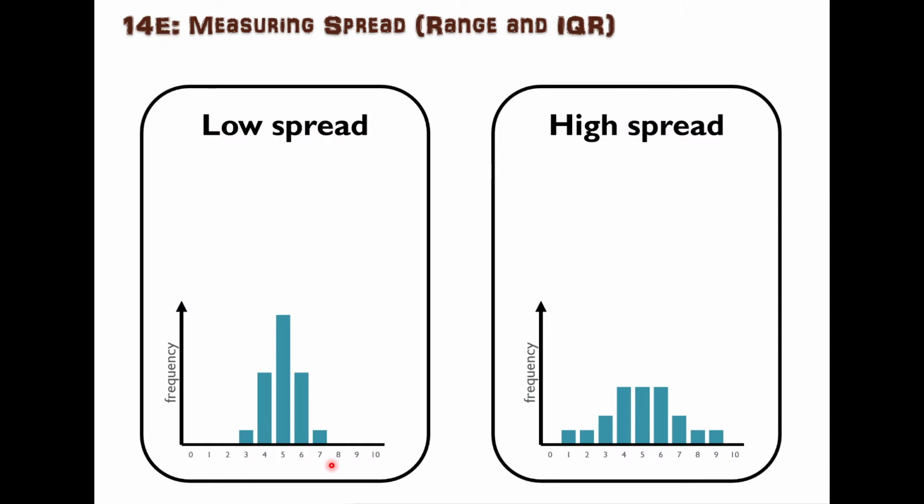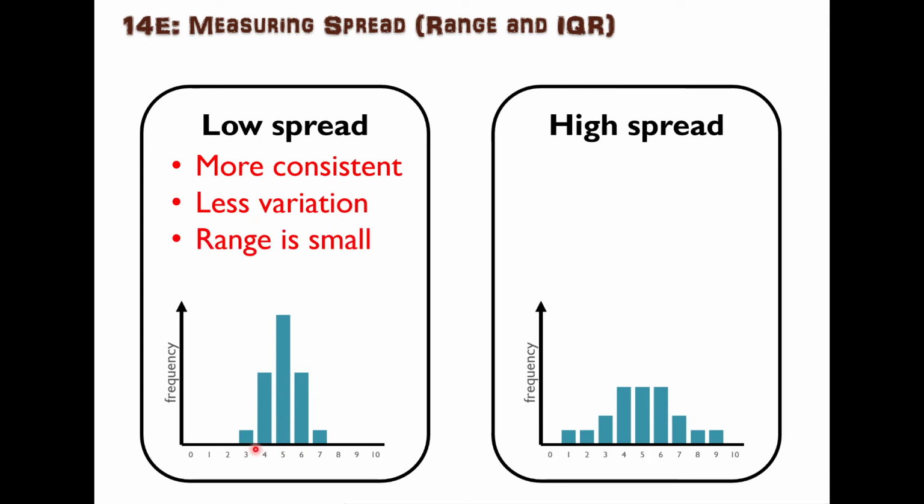So that's where we have these useful concepts of spread and range and IQR. If the results are like this, most of them are close to the same value, we say that it is low spread. The results are more consistent, there's less variation in the results, the range from smallest to largest value is small, and what we'll see later, the IQR is also small.